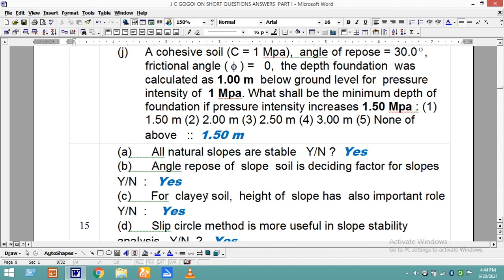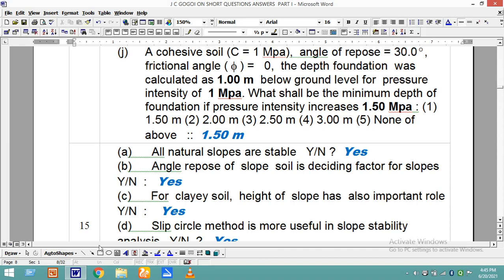In case of clay soil, height has an important role, including the angle of repose. Up to a certain height, angle of repose is responsible, and in case of granular soil, angle of repose is 100% responsible. But in case of clay soil, after a certain height, we have to consider the slope as well as other factors, also height as well as C and phi, all the factors.